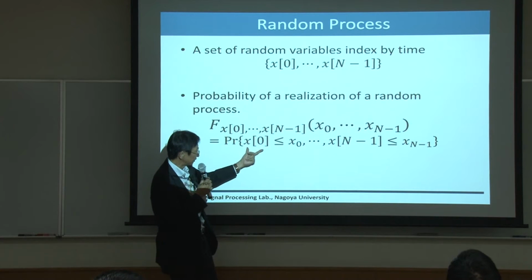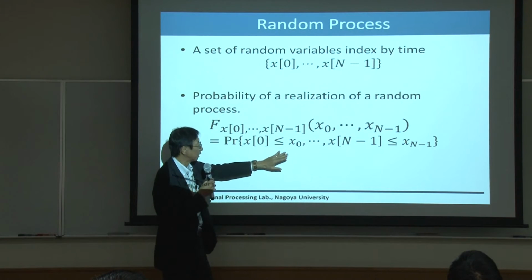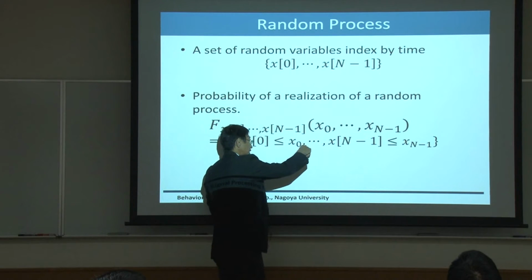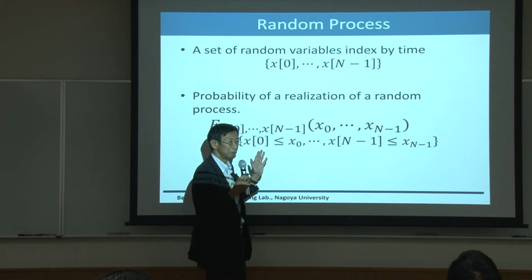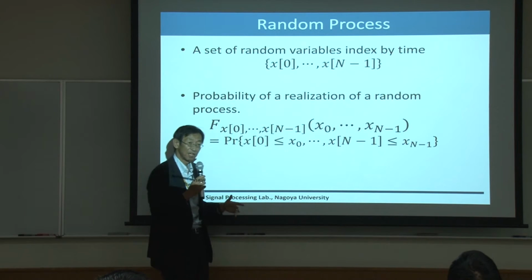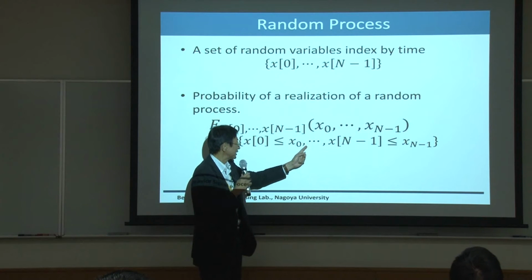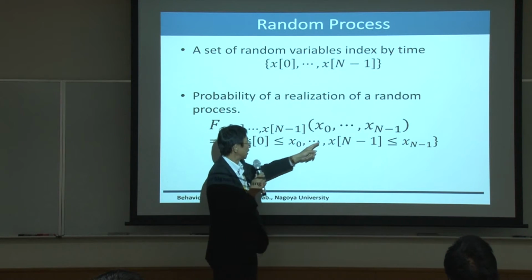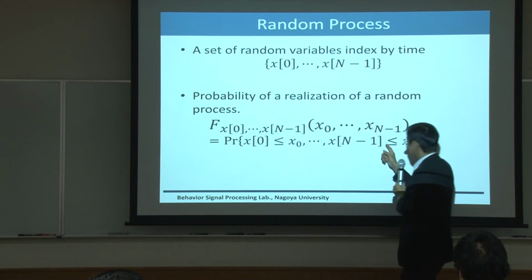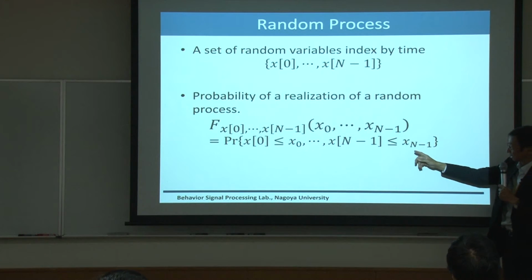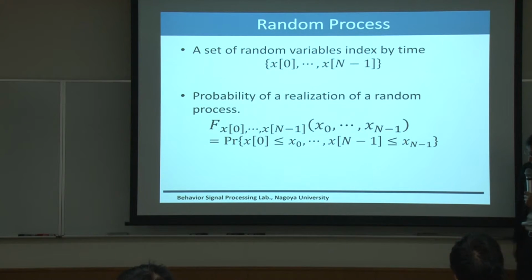The random variable is less than 3, and also, because there's a comma, all those conditions should be met simultaneously, which means that x1 is less than or equal to the actual value x1, and x n minus 1 is less than or equal to small x n minus 1.